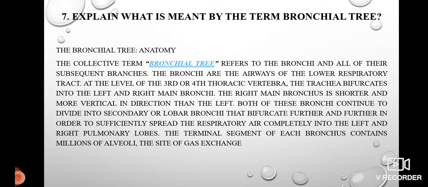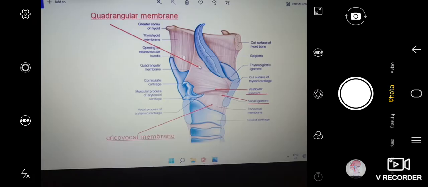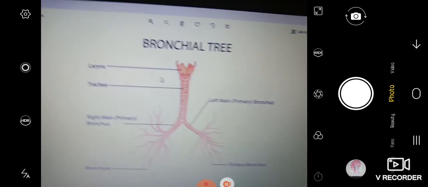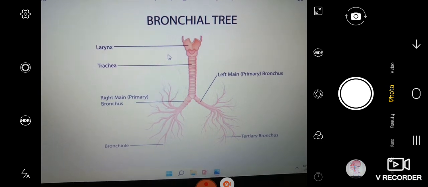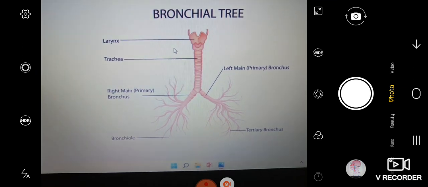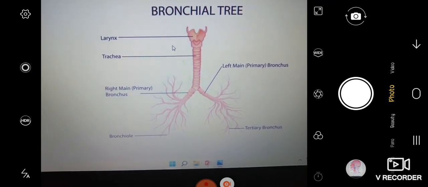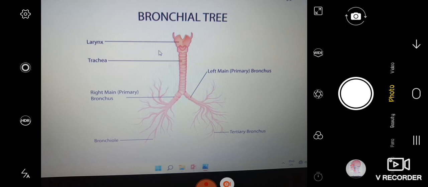Ito yung bronchial tree, makikita natin siya dito sa ating lalamunan. Merong part dito sa bronchial tree na dumadaan dito yung larynx, ating voice box, tapos yung windpipe na kung saan dumadaan yung hangin at nag-passageway siya sa left and right passage, na kung saan nabubuwag silang dalawa, merong left, meron ding right na daanan.